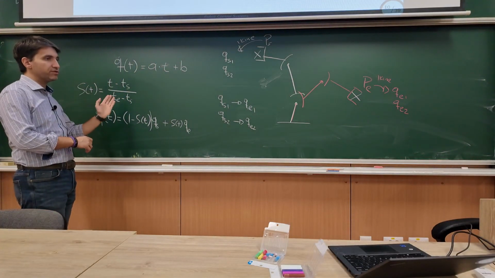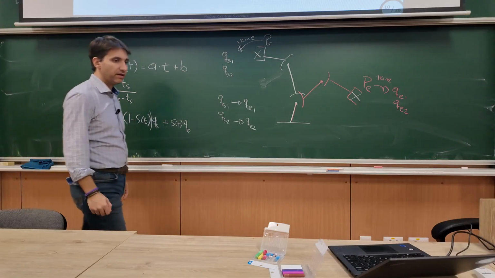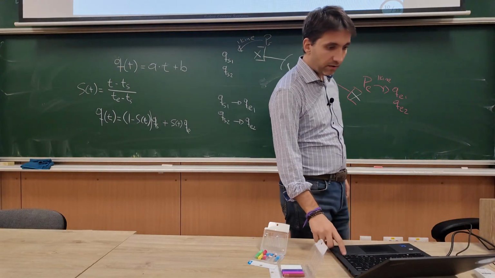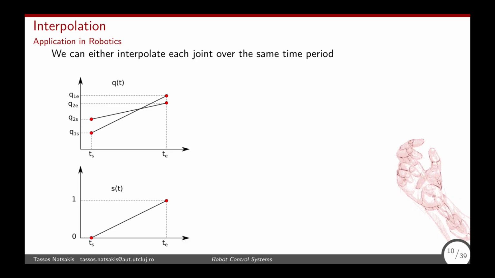They both start at the same time and end at the same time, which would look something like this. I have Q1S, Q2S, here I have them differently, 1S instead of S1, doesn't matter, and Q1 and Q2 end. Then I interpolate using basically the same duration.